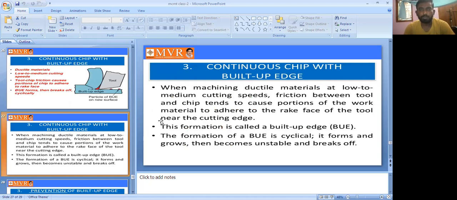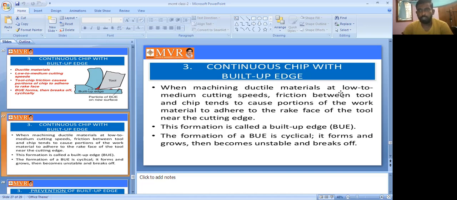So next we can see, when machining ductile metals at low to medium cutting speed, friction between the tool and the chip tends to cause a portion of the work material to adhere to the rake face of the tool near the cutting edge. So when machining ductile materials in continuous chip formation, the material is ductile and the cutting speed is low to medium.